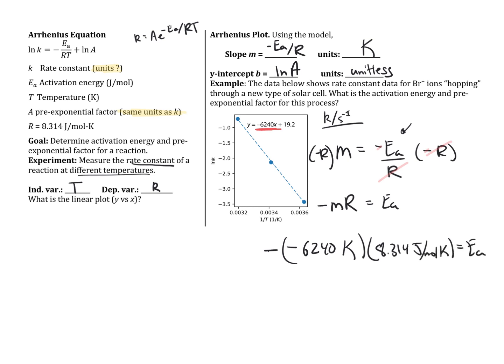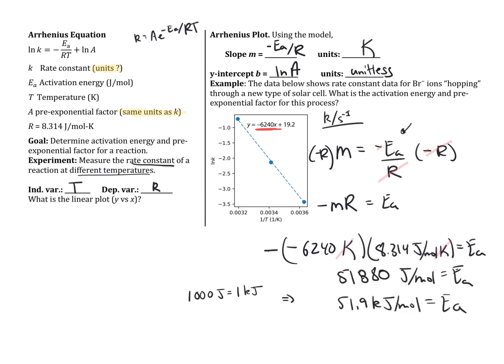And that's my activation energy. So that all should check out. This is a negative times a negative, which is a positive, and I just get 6240 times 8.314. Okay, then we get 51,880 joules per mole is our activation energy.